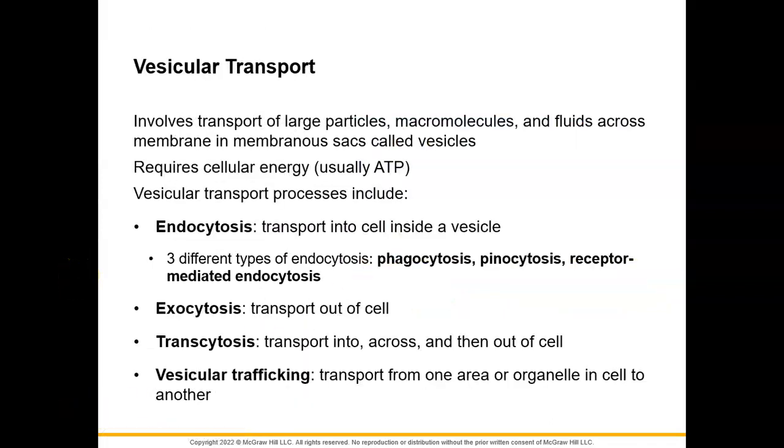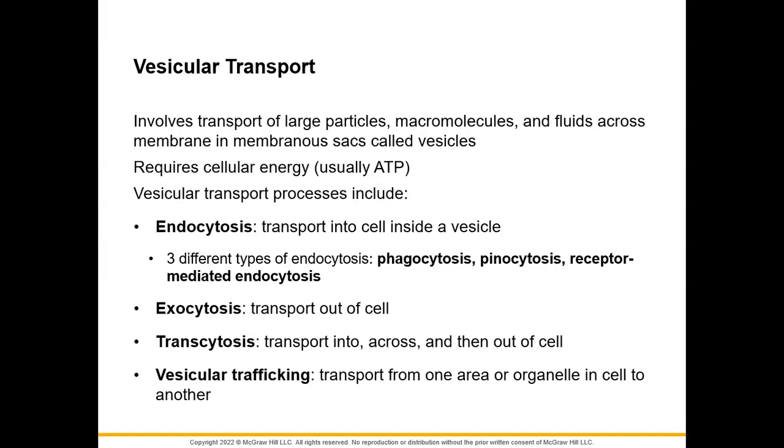Vesicular transport involves transport of large particles, macromolecules, and fluids across the membrane in membranous sacs called vesicles. It requires large amounts of cellular energy in the form of ATP. Vesicular transport includes endocytosis, which transports substances into the cell inside a vesicle.